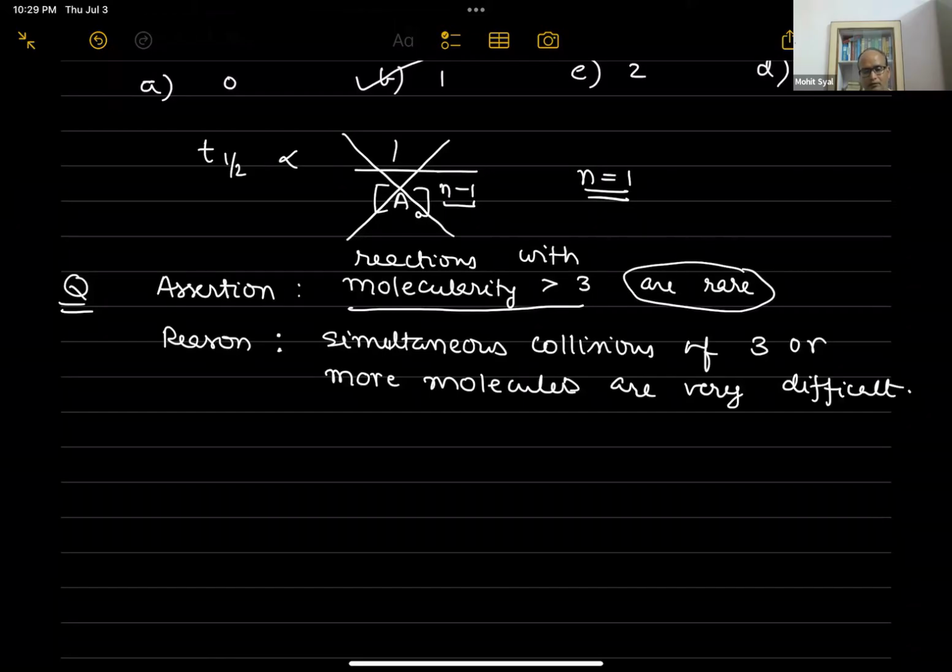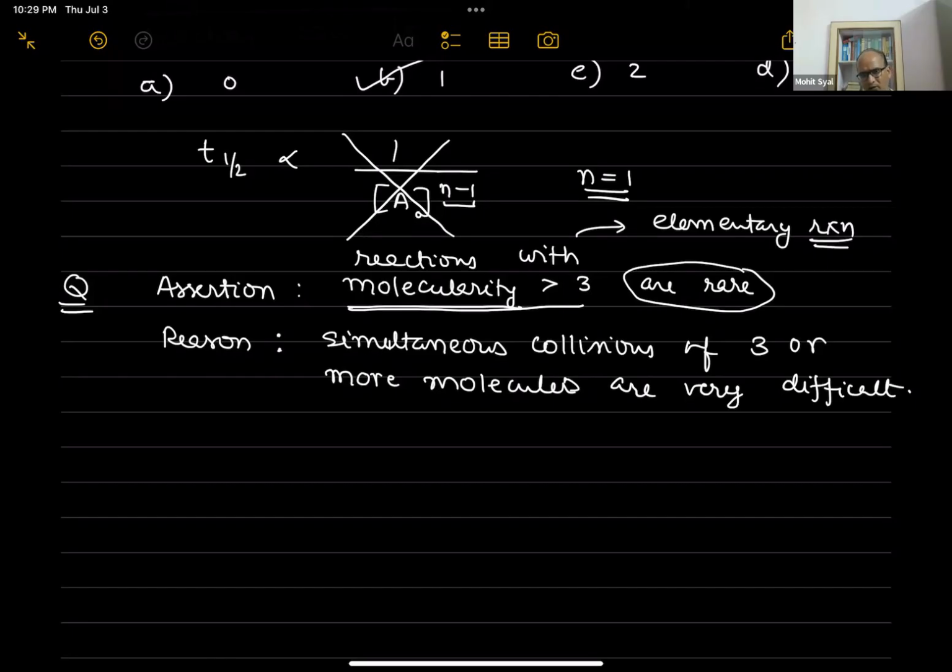Actually, that's why we are talking about this molecularity.